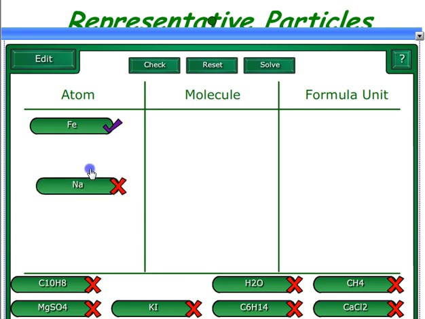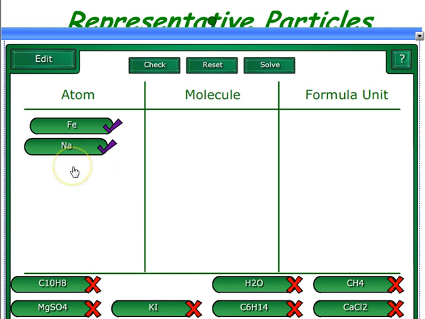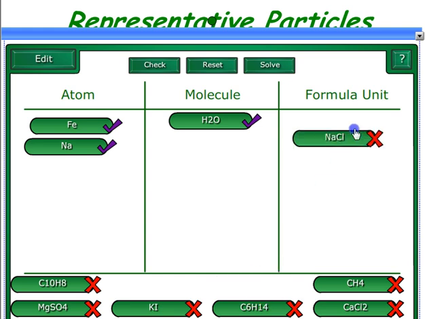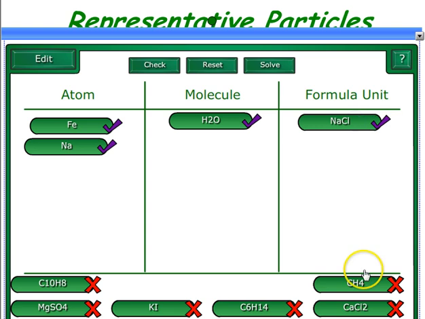Here I see another elemental symbol, so that's an atom. I don't see any others down here that are elemental symbols yet. There might be some buried underneath, but let's take a look. H2O, H and O are nonmetals, so that's a molecule. NaCl, metal, nonmetal, it's an ionic compound, so we refer to that particle as a formula unit.